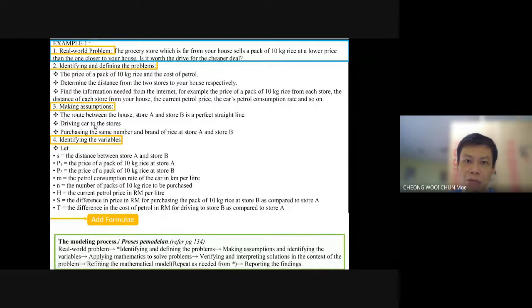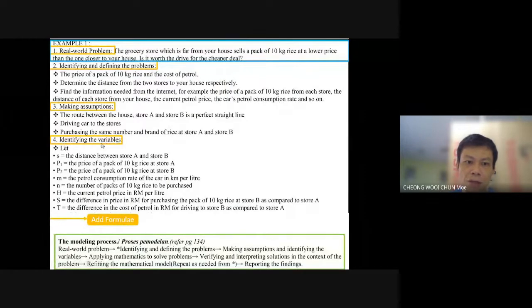And then purchasing the same number and brand of rice at store A and store B. This is the assumption. The assumption usually you must crack your brain, what assumption you think suits this question.